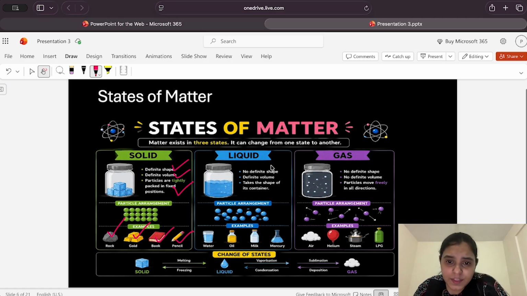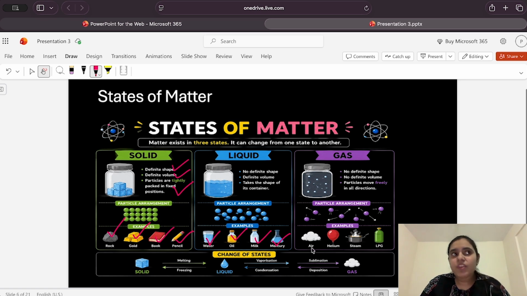Now, let's move to the liquid, that is water. The examples of liquids are water, oil, milk and mercury. Water has a definite volume, but water doesn't have a definite shape.